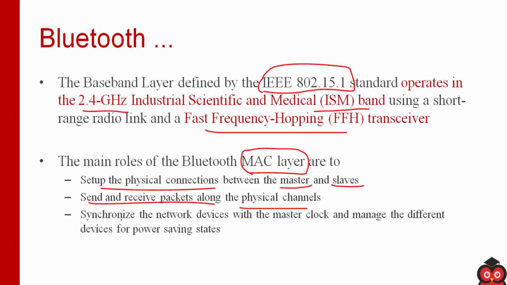Then synchronizing the devices with the master clock. In synchronous connections there is a clock which runs on the master, and the slaves are synchronized against that clock. Don't worry much about that, just remember this point.